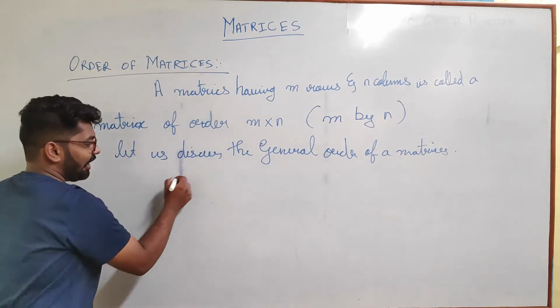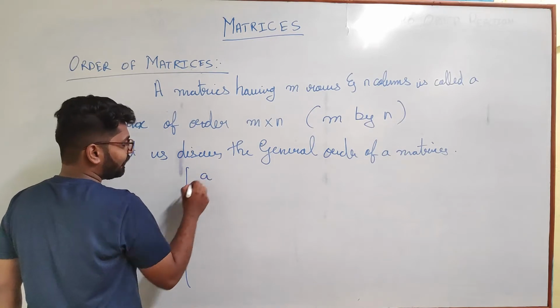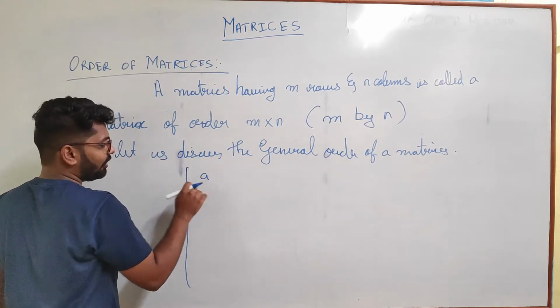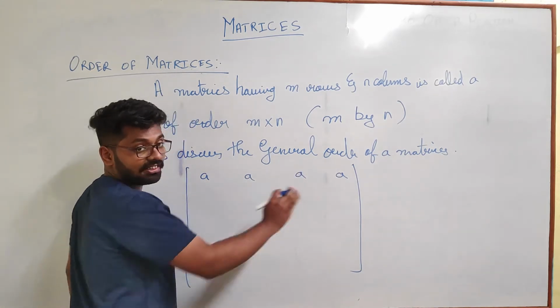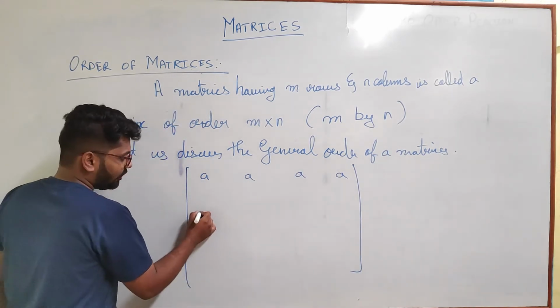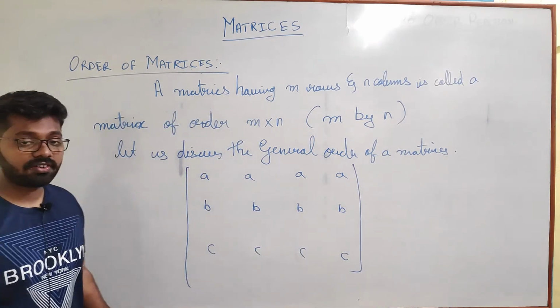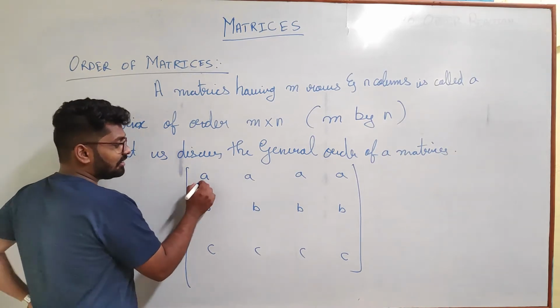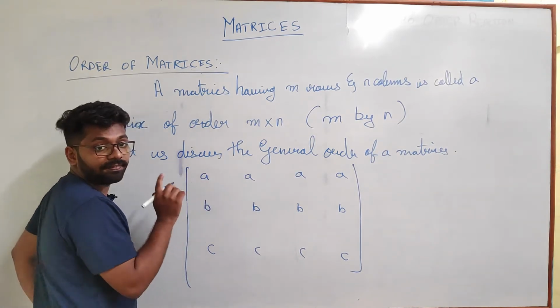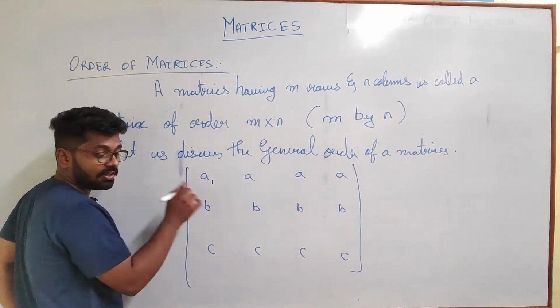Suppose you have the entries of a matrix, with A and then B, B, B and B. What is the order of this matrix? 4 by 4. Now A is situated in which position? First row, first column.